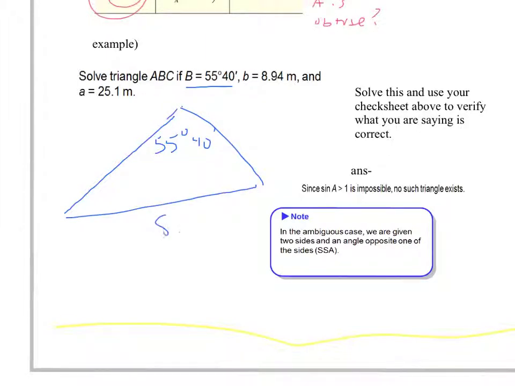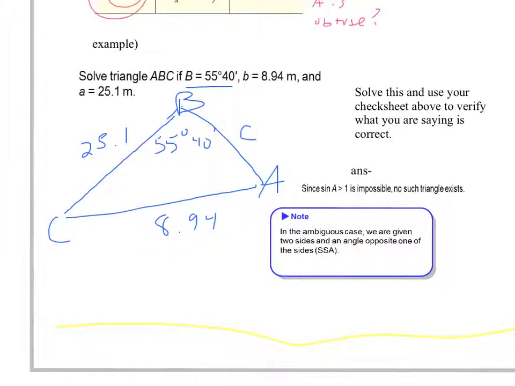Little b across from it is 8.94, so let's label this. Little a is 25.1, so notice A, whatever it is, is definitely bigger than B. So 25.1, here's A, and here's C, and here's little c.